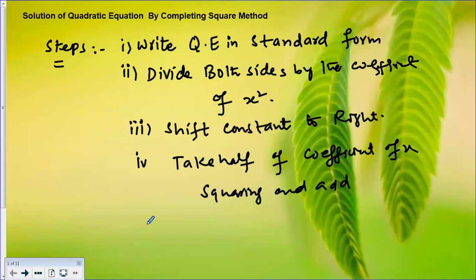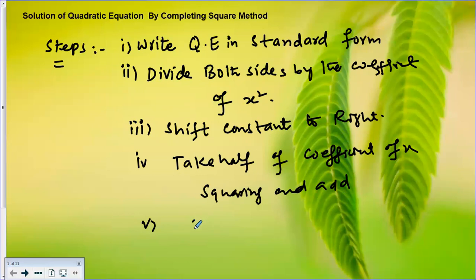And then write the left hand side as a perfect square and simplify the right hand side. And at last we take the square root of both sides of the equation and then we find the value of x.